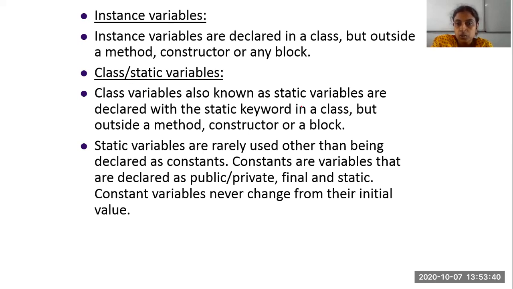Class variables, also known as static variables, are declared with the keyword static in a class, but outside a method, constructor, or block. Static variables are rarely used other than being declared as constants. Constants are variables declared as public or private, final or static. A constant variable never changes from its initial value.